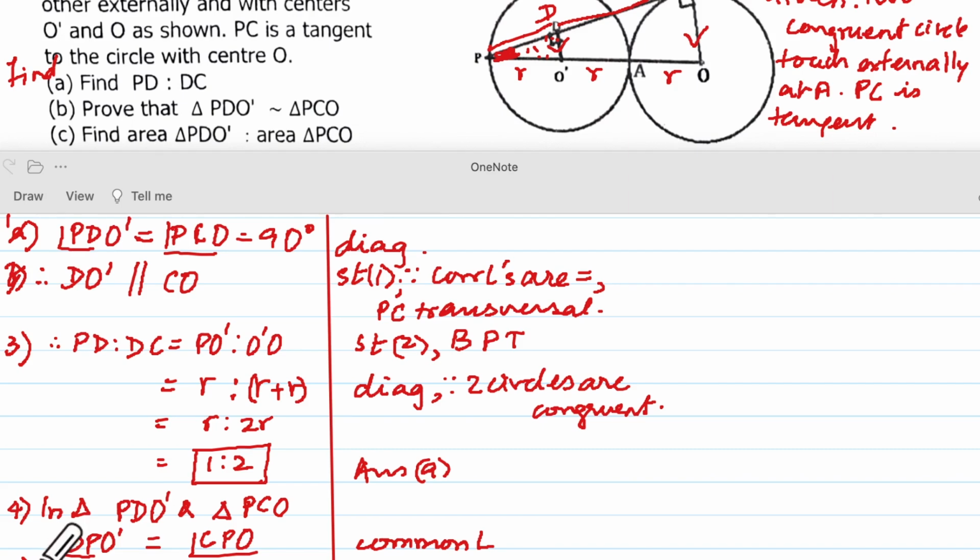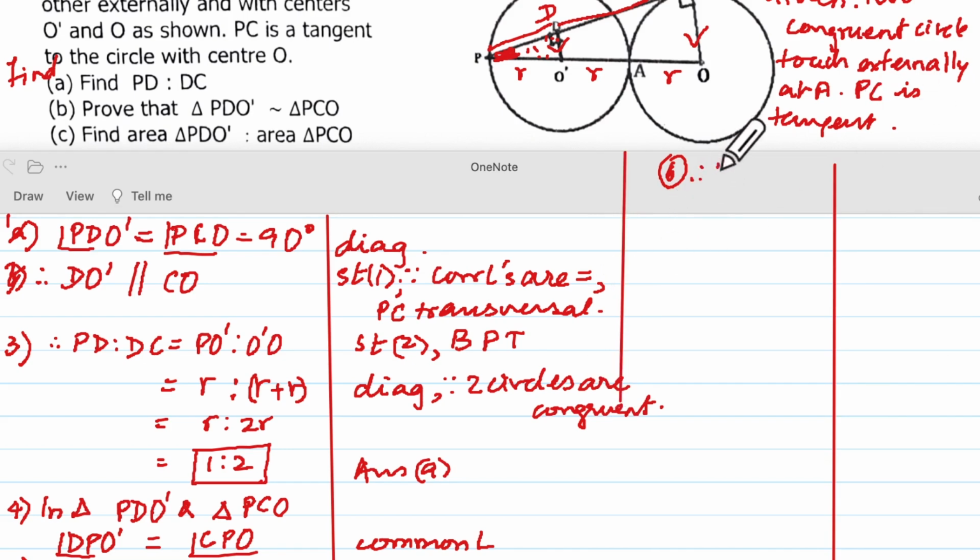Then the fifth one, I will say angle equal to angle equal to 90 degrees. This is your statement 1. You can write this later on. I'm just leaving that blank. Is that fine? Sixth one. Statement number 6. What are we going to say for that? Triangle PDO dash is similar to triangle PCO. Very good. In test for similarity.